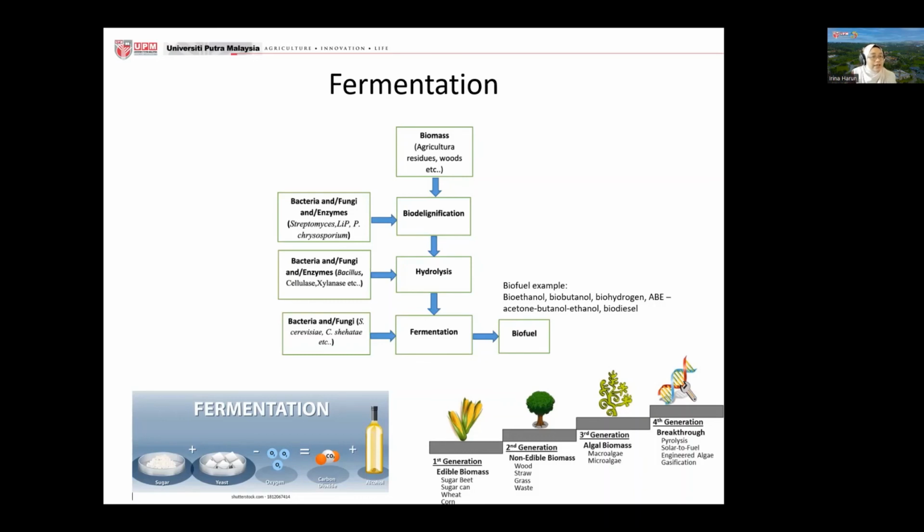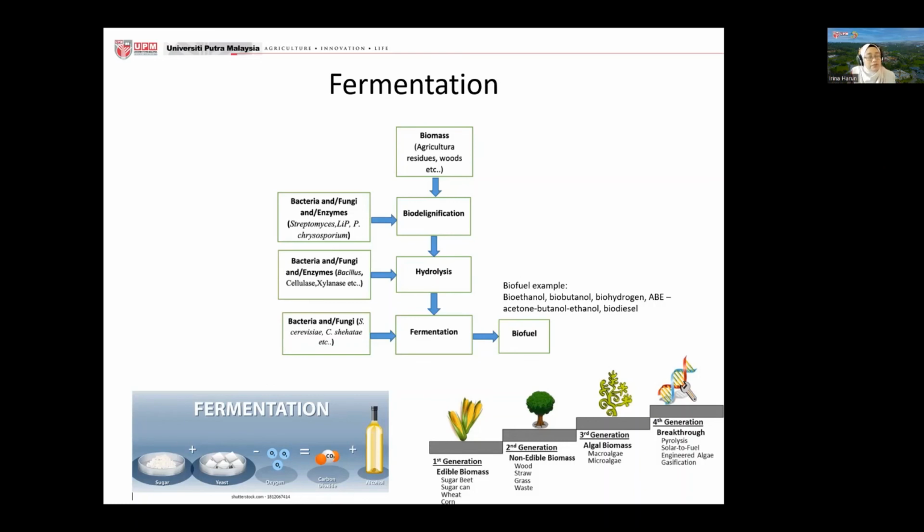So you don't want the lignin, so you have to do the delignification. You have to remove the lignin. And then you have to hydrolyze the remaining cellulose and hemicellulose, because cellulose and hemicellulose are still complex sugars and still have to be broken down further into smaller forms.